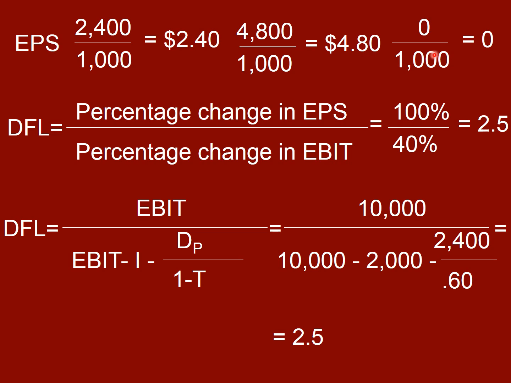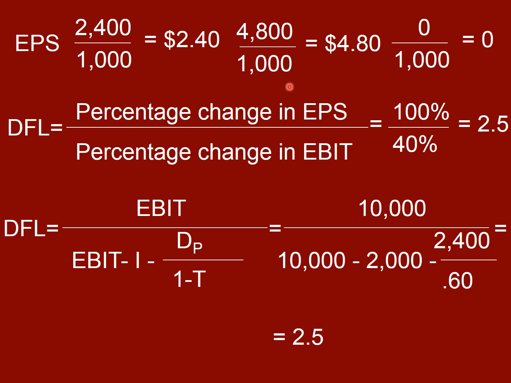And then when we had the 40% decrease in EBIT, notice earnings per share drops to 0. So how do we compute exactly the degree of financial leverage? Well, to find the degree of financial leverage, we take the percentage change in earnings per share, which notice is a 100% change, right?